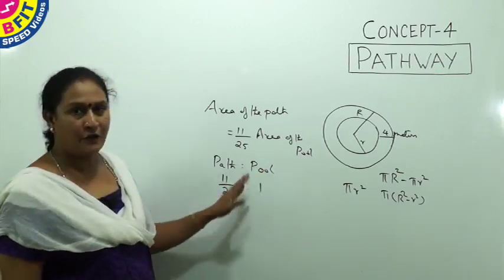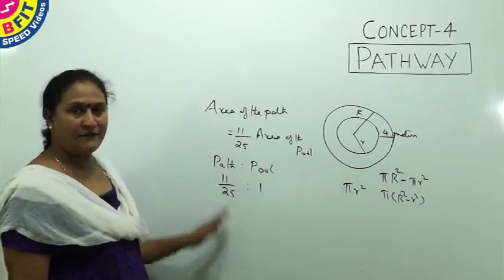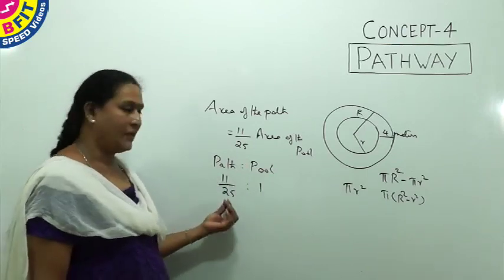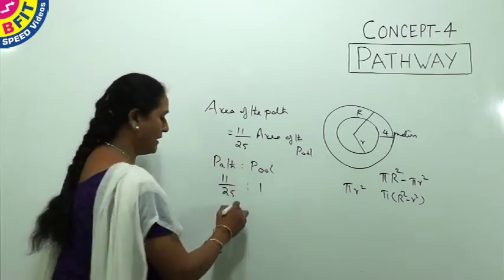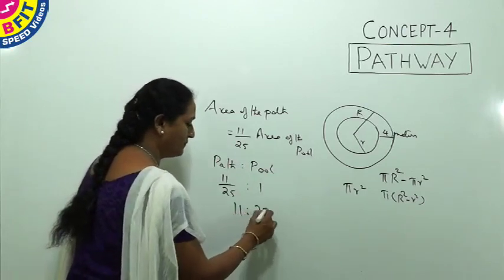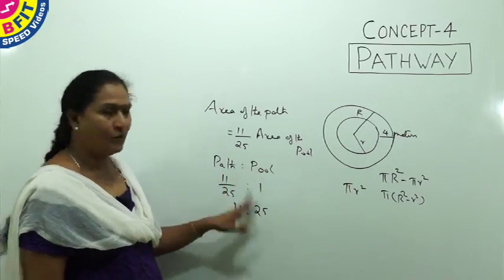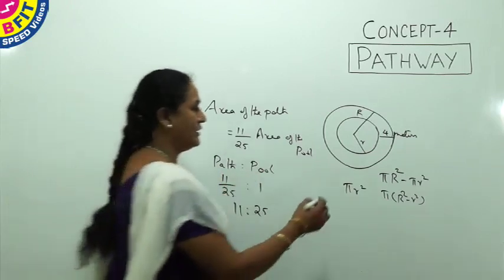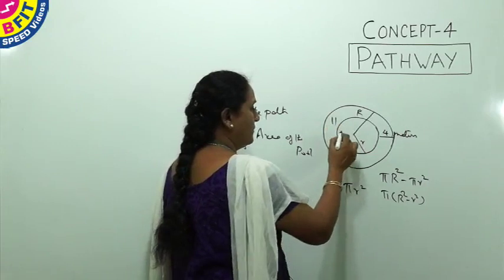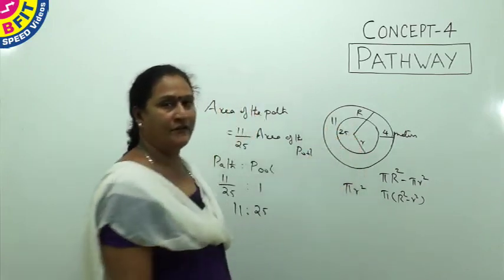So when we take the area of the pool as 1, the path is 11 by 25 times. So what will be the ratio of the path to the pool areas? The area of the path is 11 parts and the area of the pool is 25 parts.